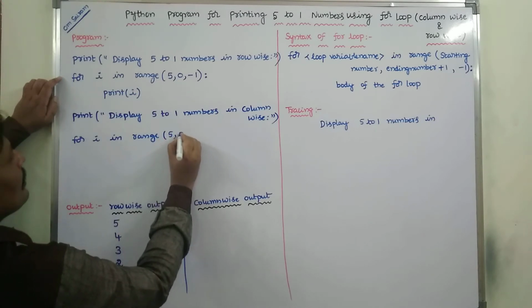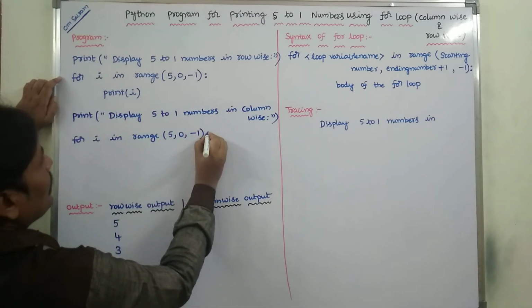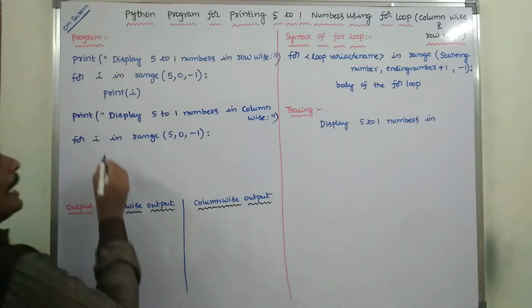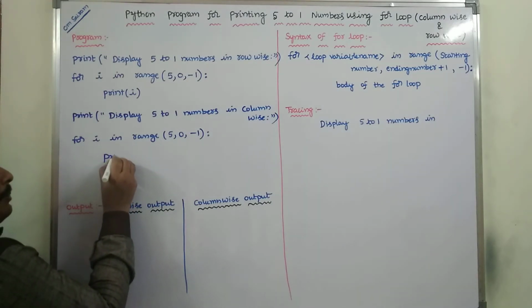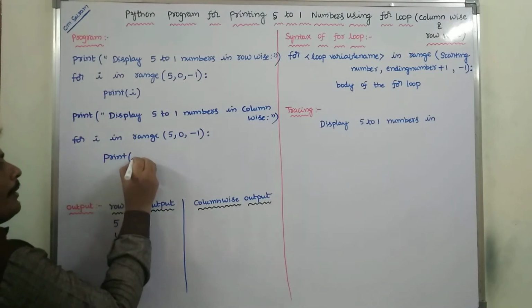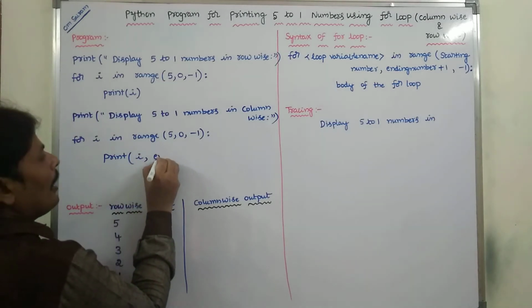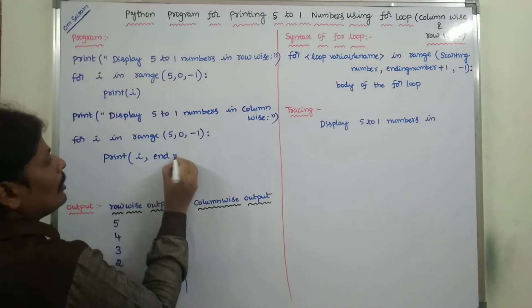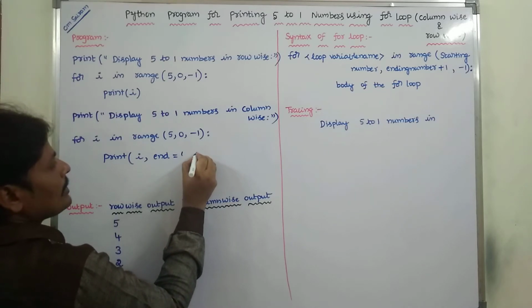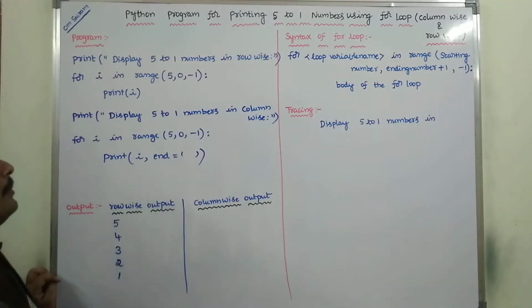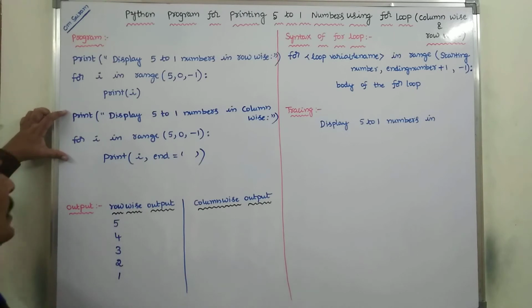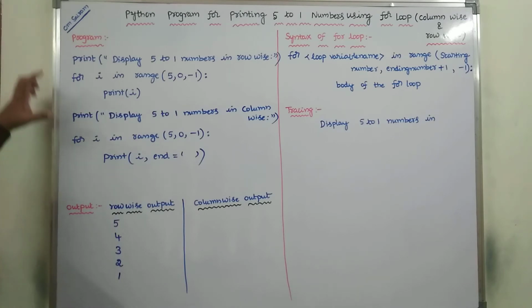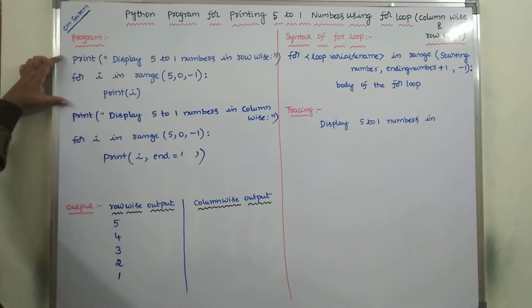The only difference is the print statement. print(i, end=' '). So these 3 statements are for printing 5 to 1 numbers in column wise. These 3 statements are printing 5 to 1 numbers in row wise.